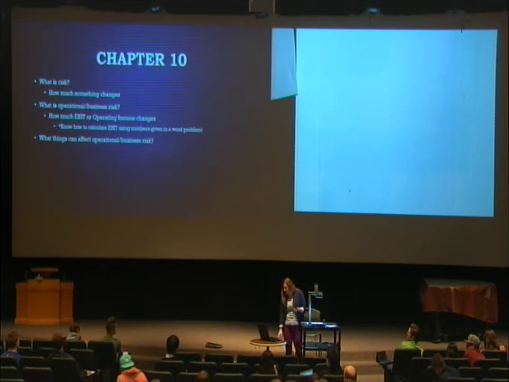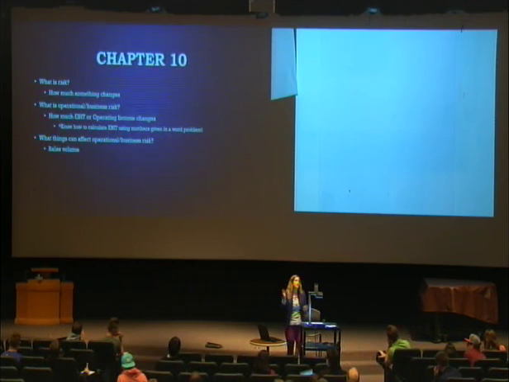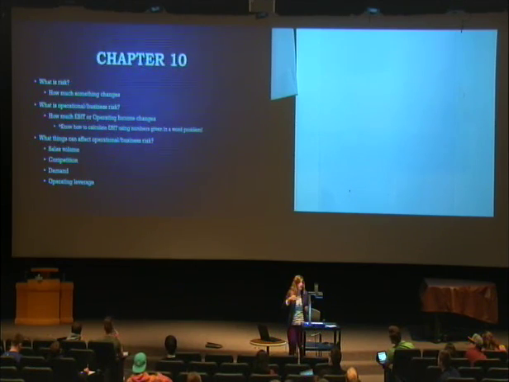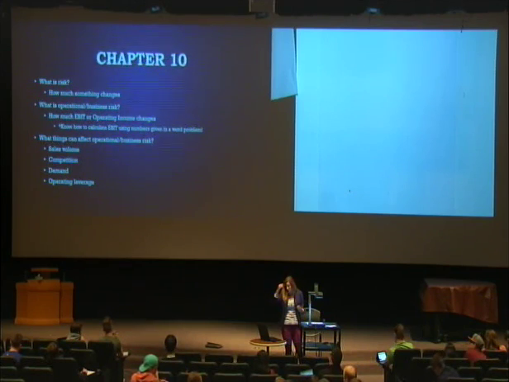Sales, exactly. If your sales go up or down, that's definitely going to affect your EBIT or your earnings before interest and taxes. What else? The competition, the costs. Yeah, exactly. So all of these things will be affecting whether your EBIT goes up or down. That's your business risk, how much it's going to go up or down.